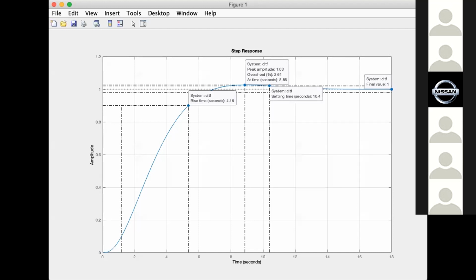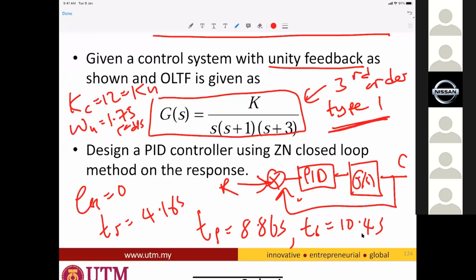Right. So we go to the iPad. Okay. So we already plot the root locus and the time response. So we obtain Kc, which is equal to Ku, is equal to 12. Omega n 1.7 radian per second, which is omega critical or omega u.